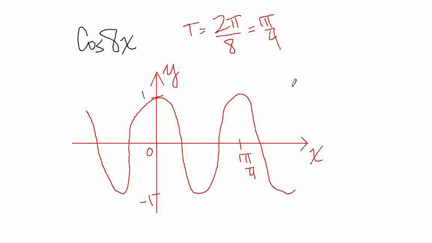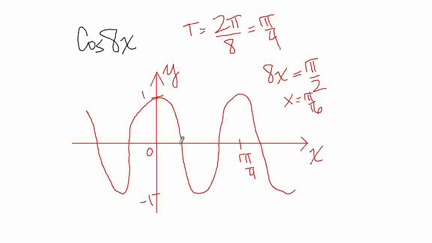Okay. Another way you can work out points is by the following reasoning. If you're finding the cosine of an angle, and that angle is pi over 2, we know that the cosine is 0. So set 8x equal to pi over 2, so x is equal to pi over 16.